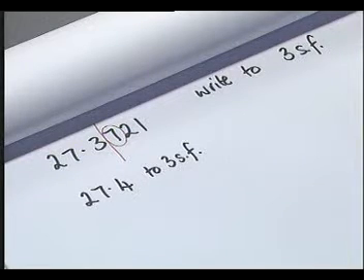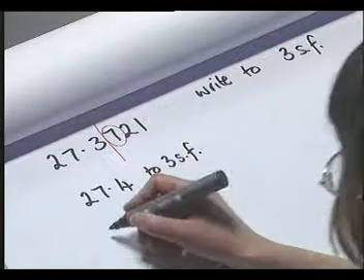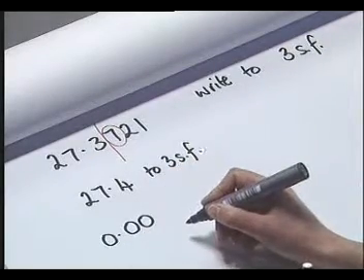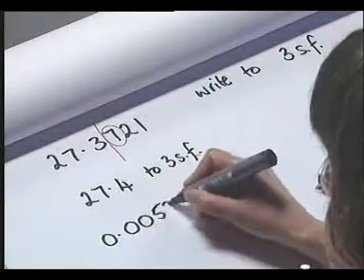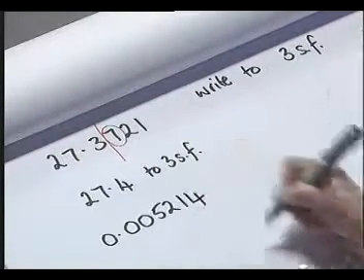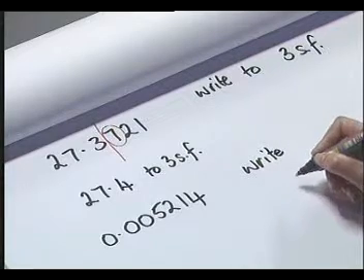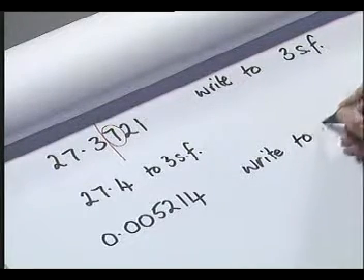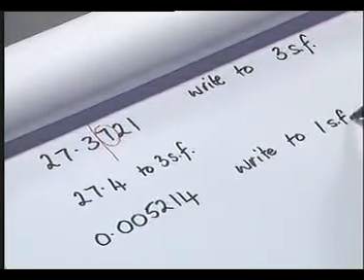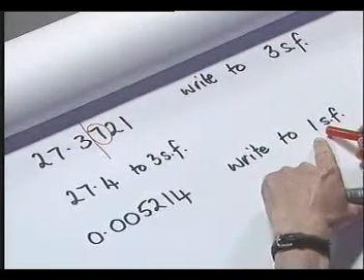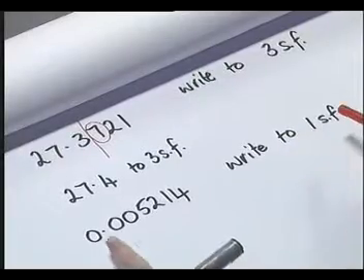Let's do some more examples. This time I have 0.005214, and I want to write it to just one significant figure. Right, one significant figure, that's one digit.